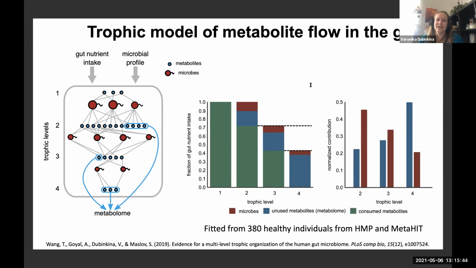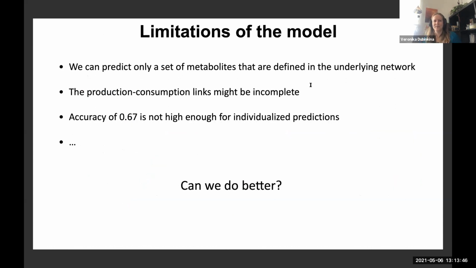But actually, after that, we haven't stopped there because obviously there are lots of limitations in these simplified trophic models. One is that, first of all, we were pretty discouraged that we can't predict many metabolites that are measured out there in all those untargeted metabolomic data sets. Right now, the model can predict only a set of metabolites that were defined in the underlying network that we grabbed from the database.